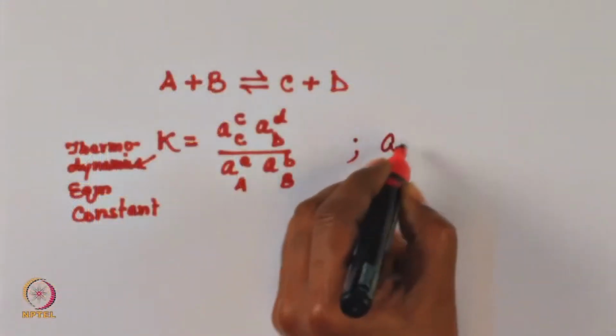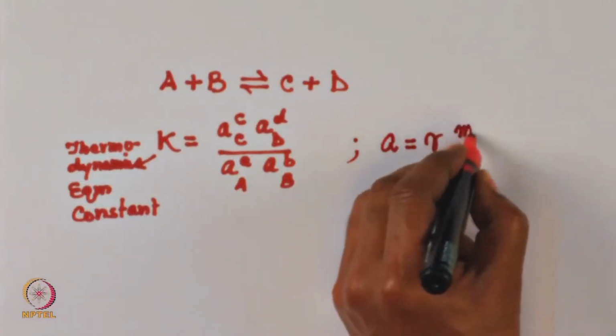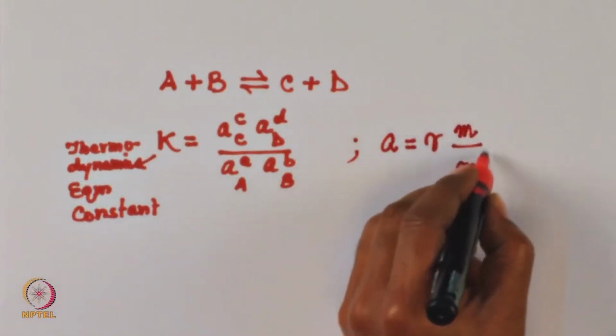And we know that molarity or molality or mole fraction can be connected to activity, and the connector is activity coefficient. So, activity is equal to activity coefficient into m by m naught.